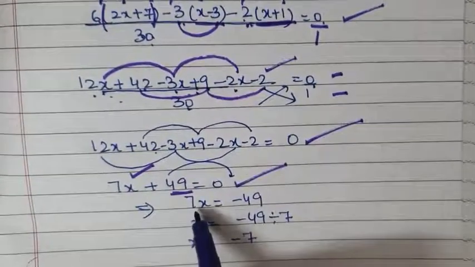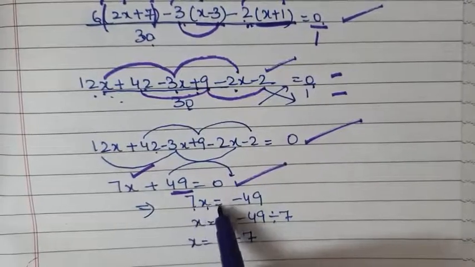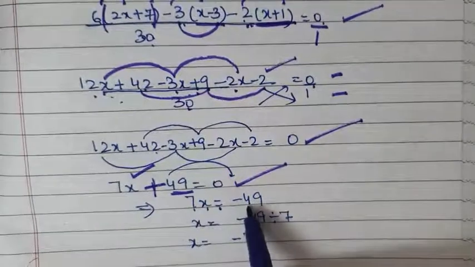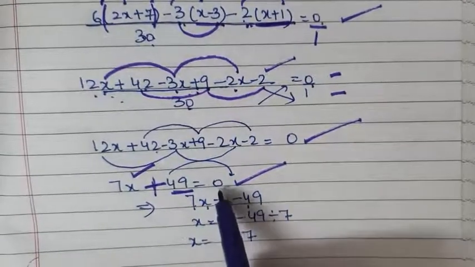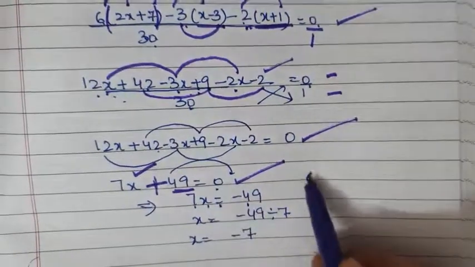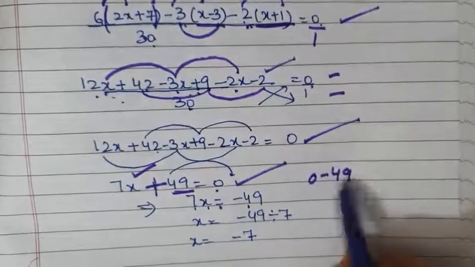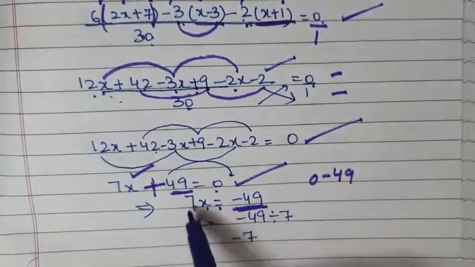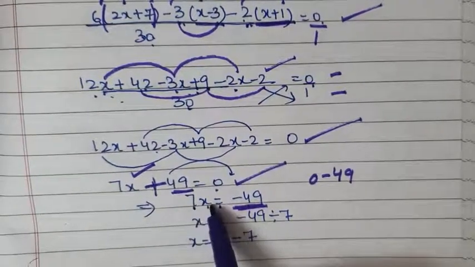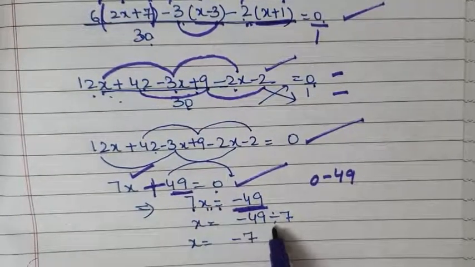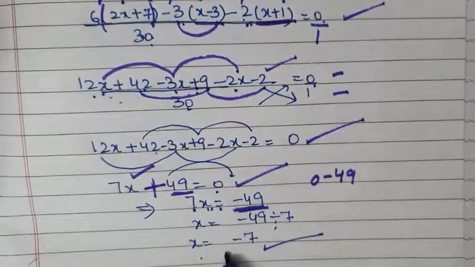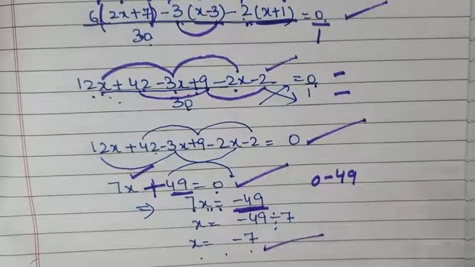So we get 7x is equals to, now 49 is plus here, so it will get negative. Here it was 0, so 0 minus 49 is minus 49. Now 7 is multiplying here, it will get divided. So x is equals to minus 7.